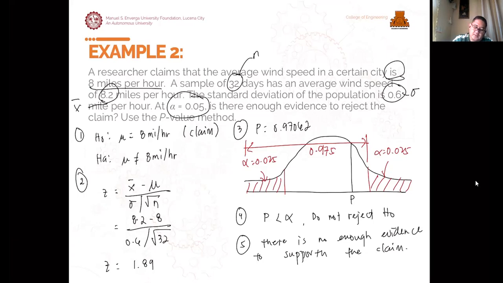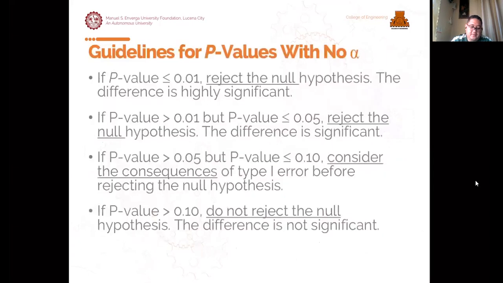Okay. So, yan yung para sa p-value natin. So, ito daw mga guidelines lang kapag walang alpha. Okay? So, if yung p-value daw is less than 0.01, reject yung null hypothesis. The difference is highly significant.